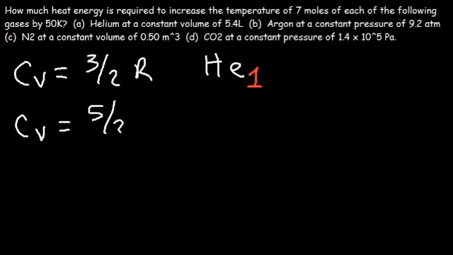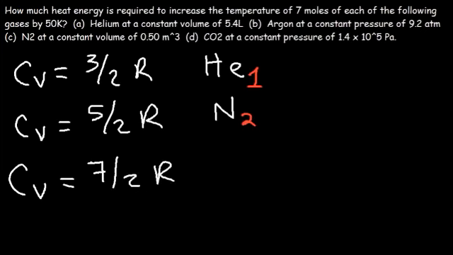For diatomic gases, it's approximately equal to 5/2 times R, and nitrogen fits that description. Now, for polyatomic gases with 3 atoms, it turns out that it's approximately 7/2 times R. However, at this point it begins to deviate, so let's use an approximately equal to symbol. So CO2 would fit this example. It has 3 atoms per molecule.